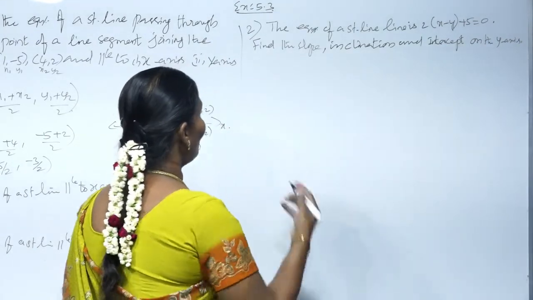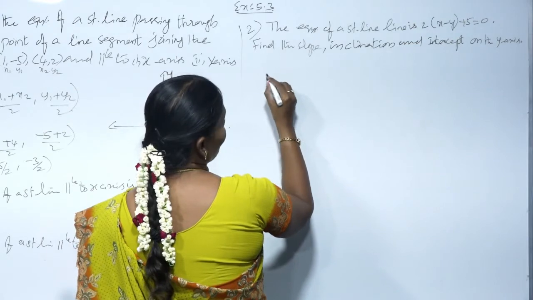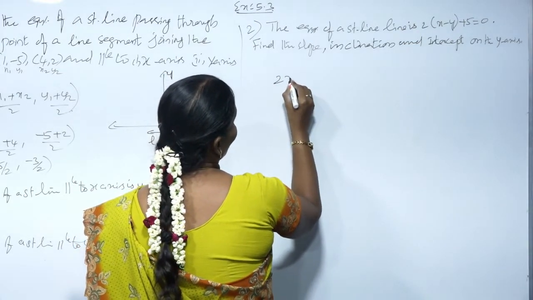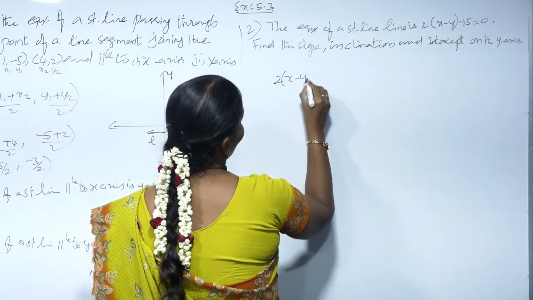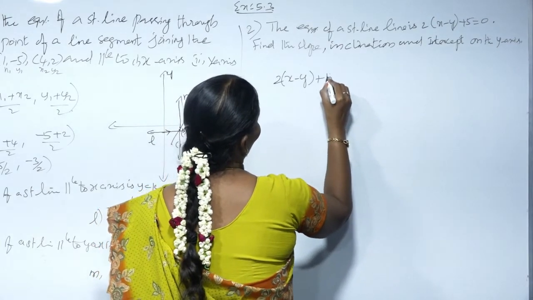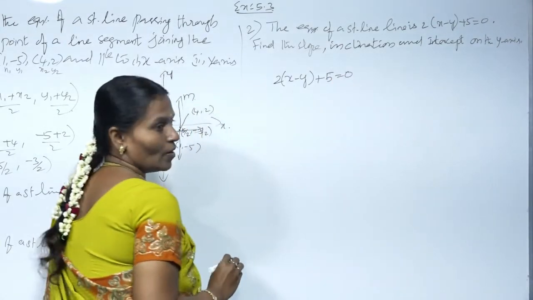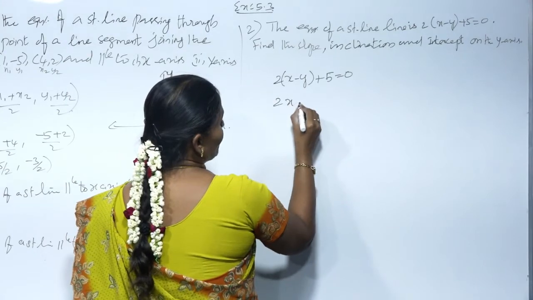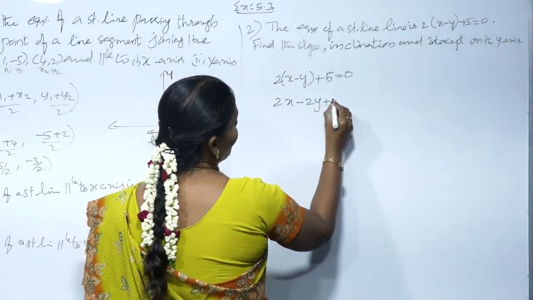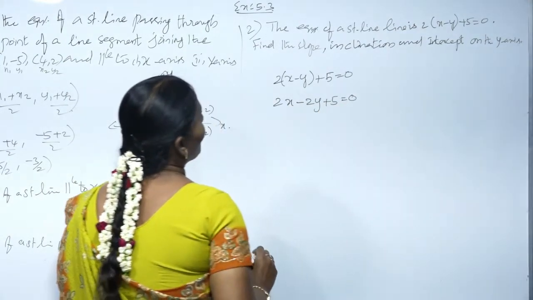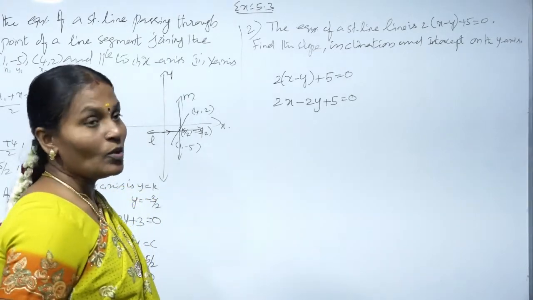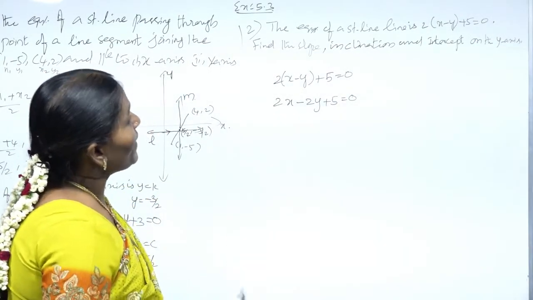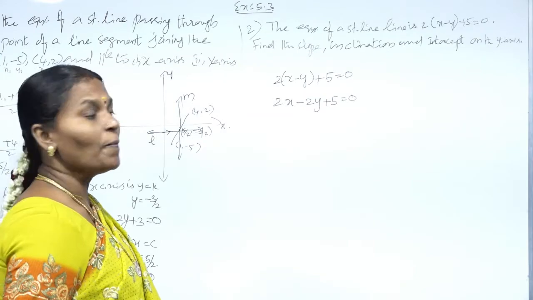What is the given straight line? Equation of the given straight line: 2x minus y plus 5 is equal to 0. You have to change it into slope and y-intercept form.